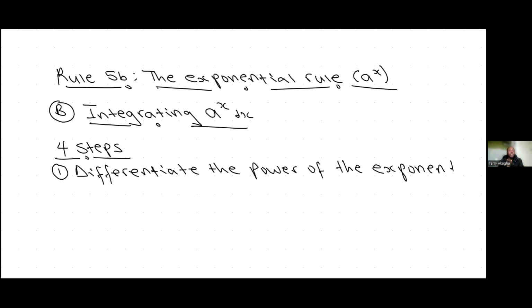So after differentiating the power of the exponent, then you multiply the result from step 1 with the ln of the base of that exponent, okay? So number 2, you then multiply the result from step 1 with the ln.